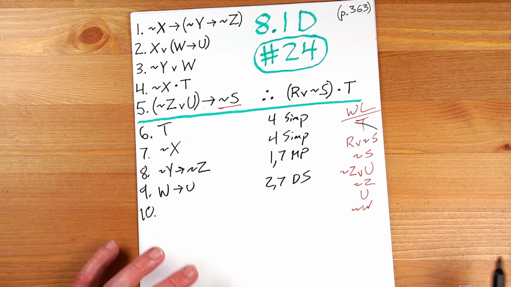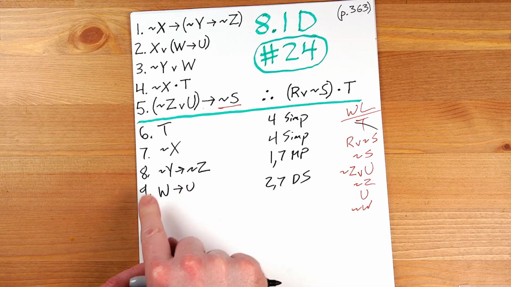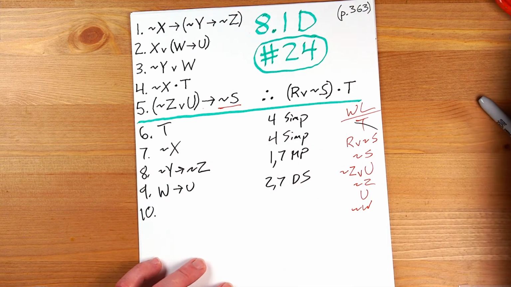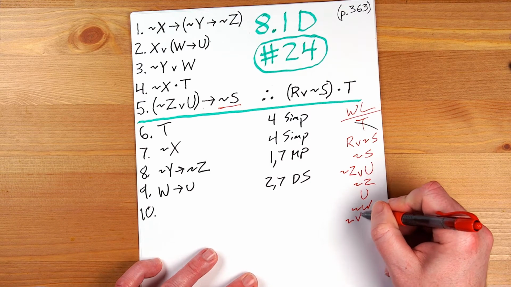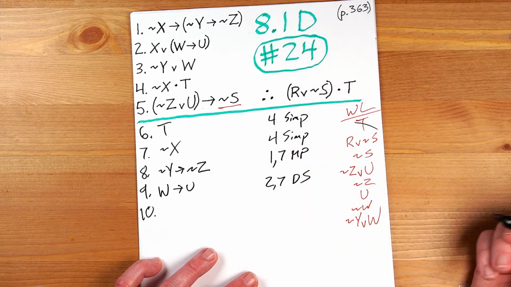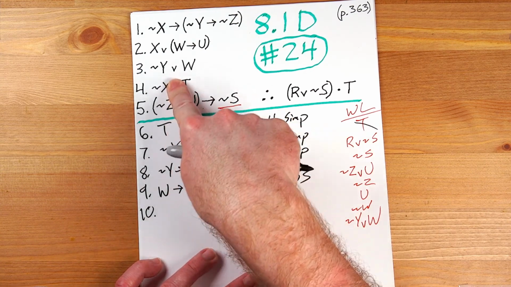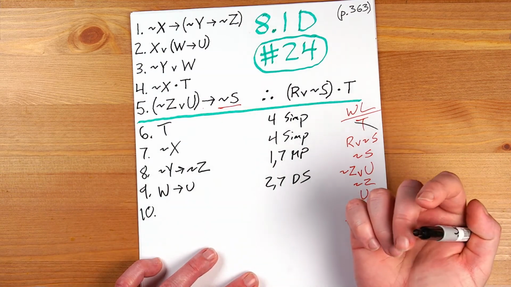So what else do we need to do constructive dilemma? We're going to need a not Y or W, right? And it looks like this, not Y or W. Oh my, do we have it? Yes, that's actually premise 3. Perfect. So we can do that.